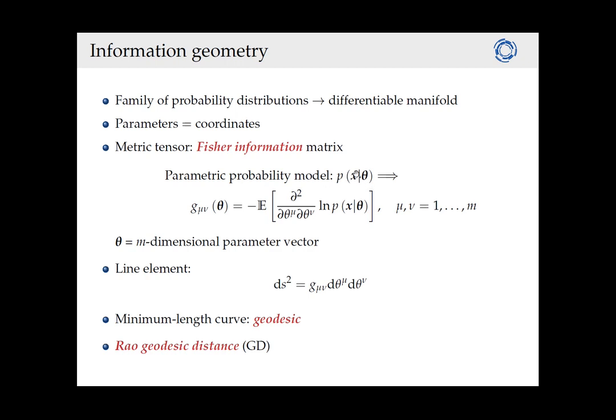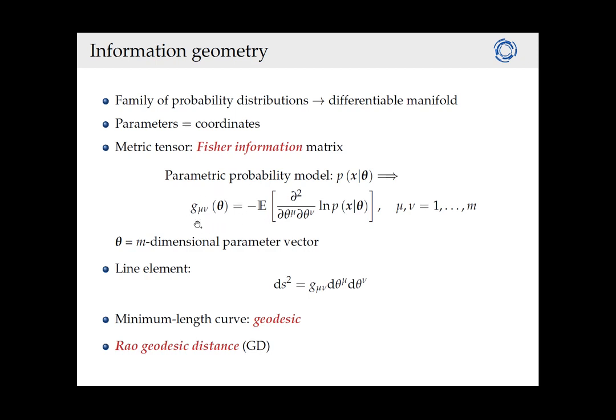So suppose that you have a parametric probability model, probability distribution of a certain quantity, might be a vector quantity x, depending on a number of parameters theta. And so theta is an m-dimensional parameter vector. Well, then the Fisher information is calculated through the second derivative with respect to the parameters of the log of that probability model. So that might be a log likelihood, and then we take basically the expectation of that.